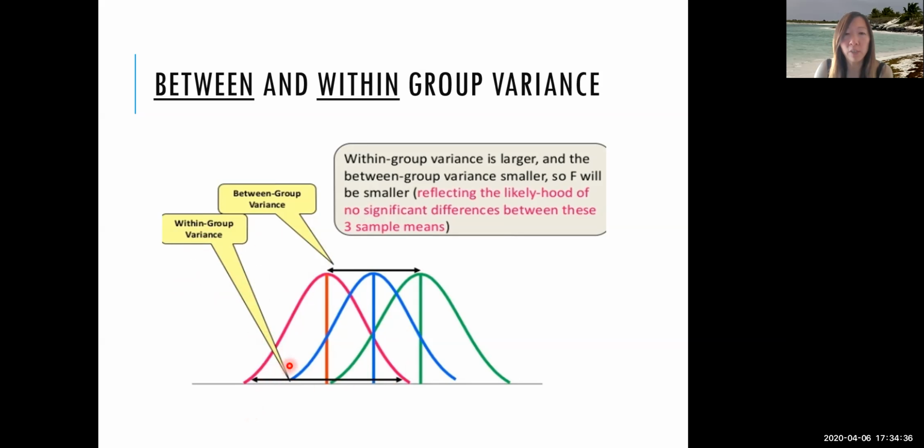We talked about this back when we looked at measures of central tendency and measures of variability. Remember we talked about how we want our scores to fall as close to the mean as we can, because that means there's not as much error.